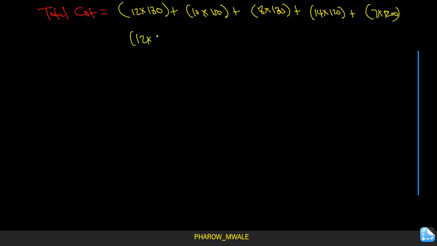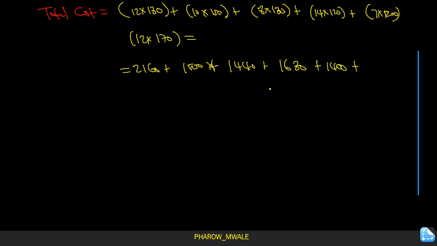So let's do the math there. 12 by 180 is 2160, plus 10 by 150, that is 1500, plus 8 by 180, 1440, plus 14 by 120, this is 1680, plus 7 by 200, 1400, plus 12 times 170 is 2040. So we add these amounts together.